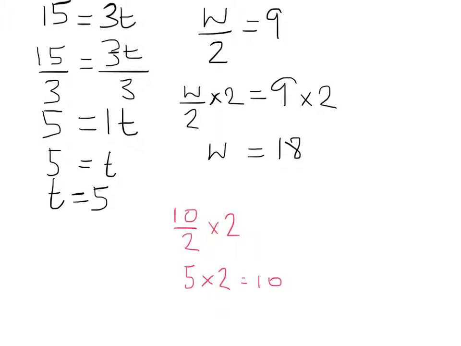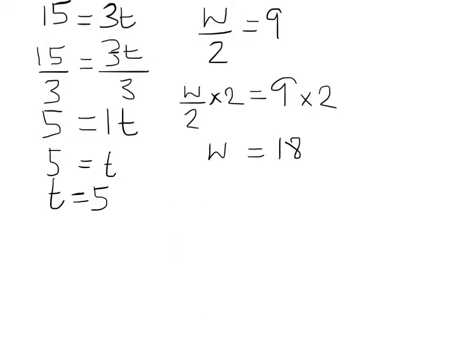Okay, so if it's divided by something, if you then times by that number, it will leave you with whatever was on top of the division sum. Okay, and that's what we're doing. W over 2 times by 2 leaves us with W. Just a good example for us.